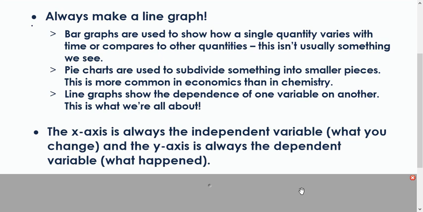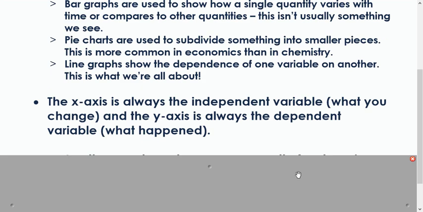Okay, so if you're comparing temperature versus time, say you're heating a cup of water, you're going to be looking at how, as I change the time, how does the temperature change? So time would be your independent variable. That's what you're changing. You're letting time pass. And then you're going to see how the temperature changes with that. And maybe you're heating or cooling something, but that would be a very simplistic example.